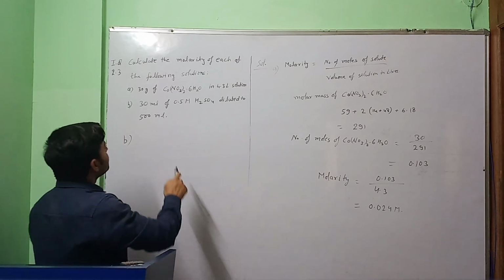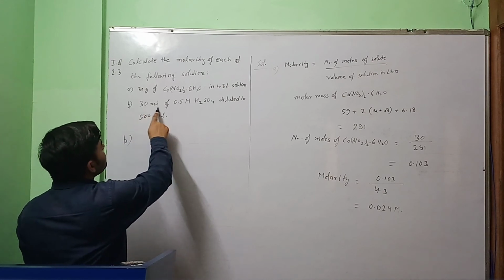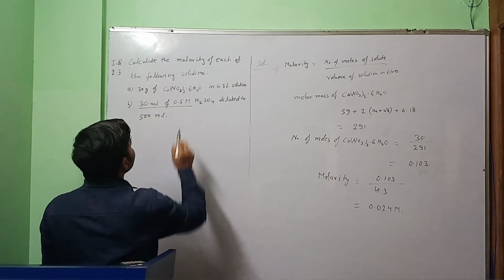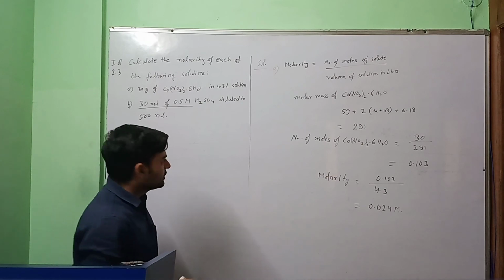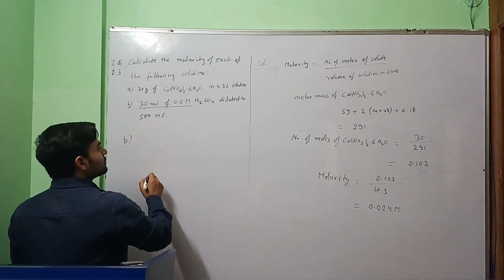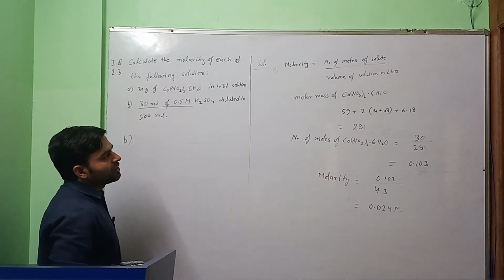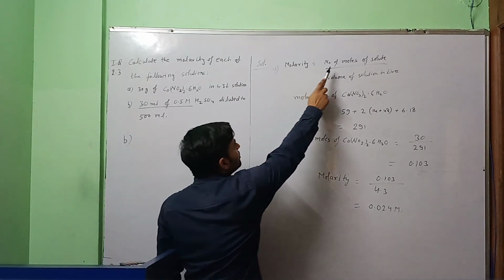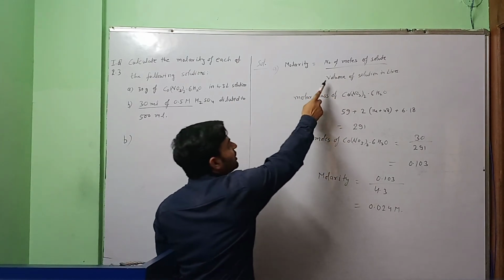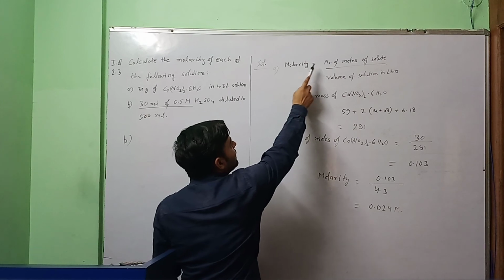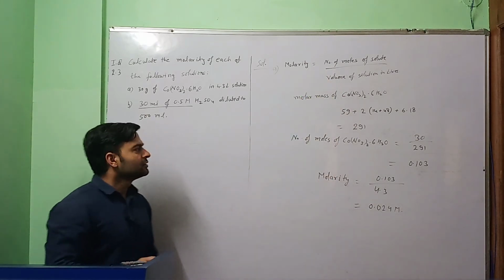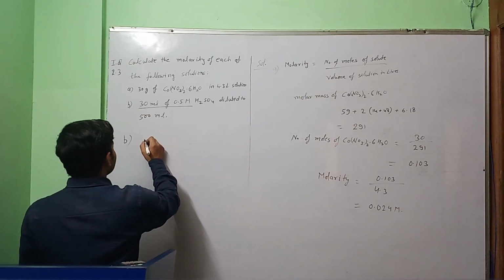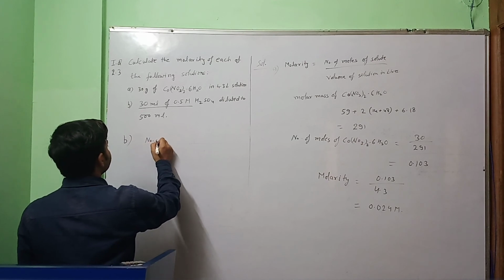The solution being diluted is 30 ml of 0.5 M H2SO4. The formula of molarity is number of moles upon volume, so if I multiply molarity and volume, I will get the number of moles.